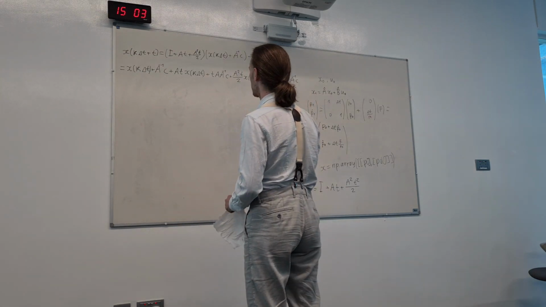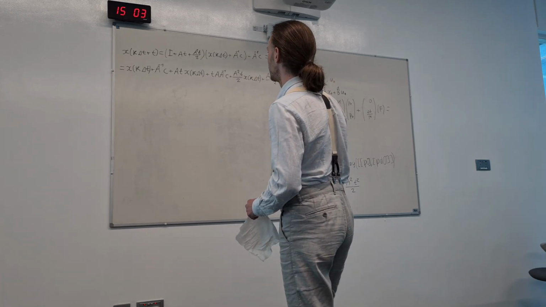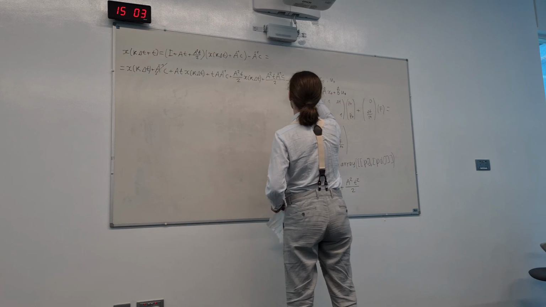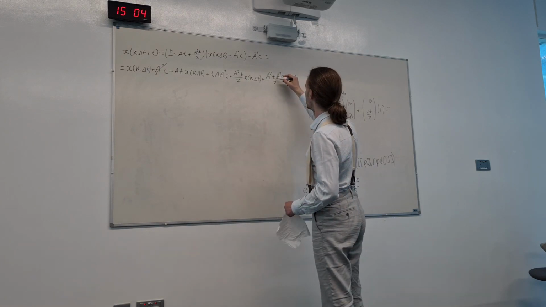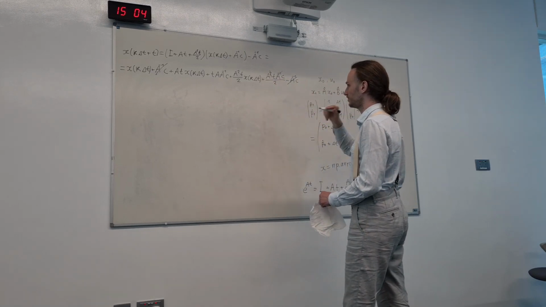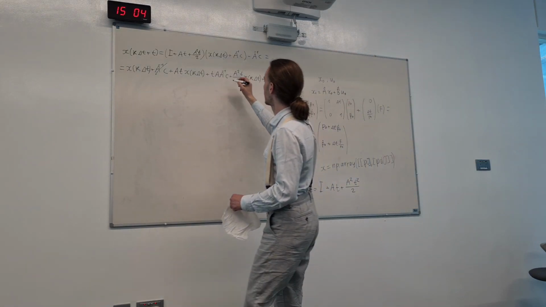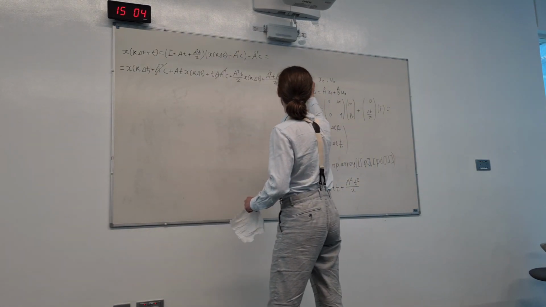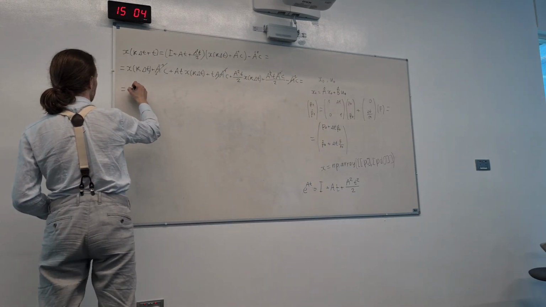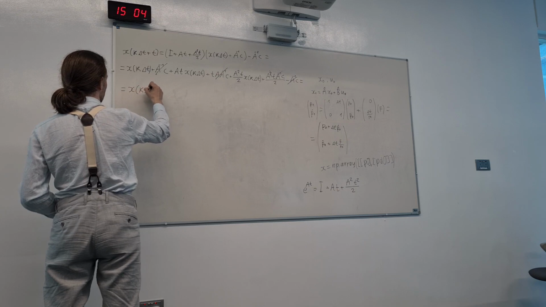Okay. So what do we see here? These guys cancel out. This inverse is cancelled with one of the powers of a. These are cancelled, and we get k delta t.